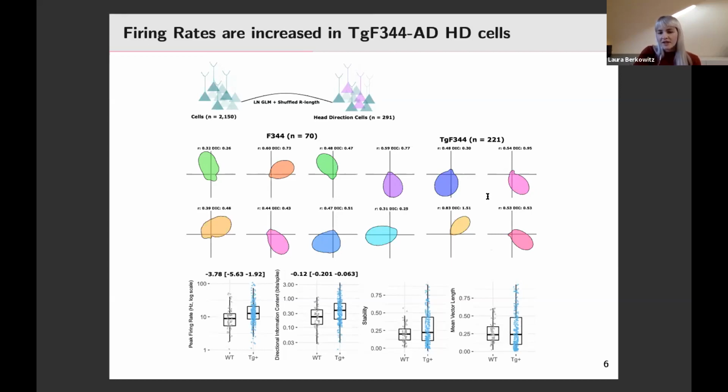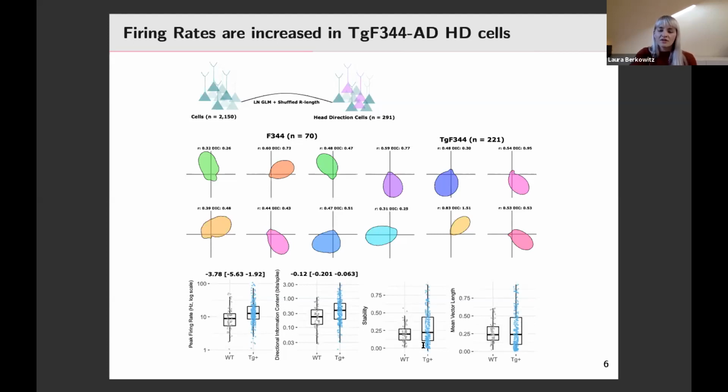When you first look at them, they look pretty normal, but we do see increased peak firing rate within the head direction cells from the transgenic groups, about a 3 hertz difference, and a very slight but significant increase in directional information content within the transgenic group. But there are no differences in stability, so how stable that preferred direction is within a trial, or how wide that preferred direction is, although there is a little bit of increased variability with my transgenics.